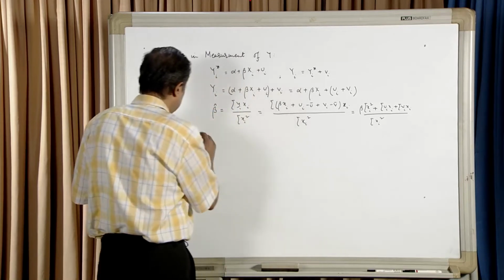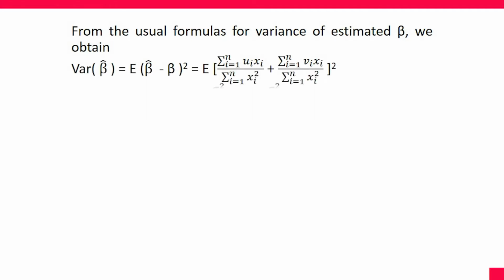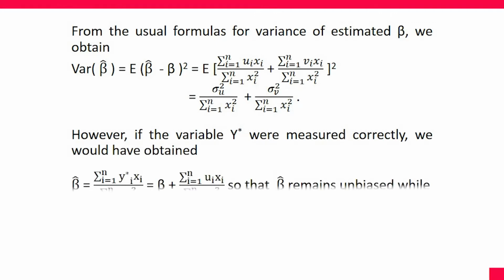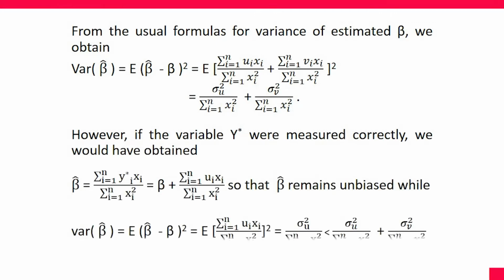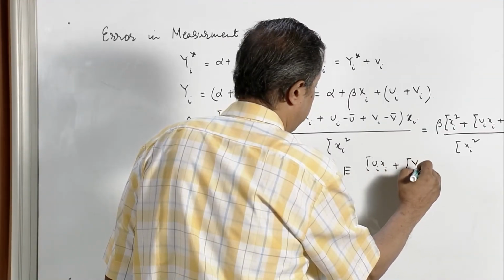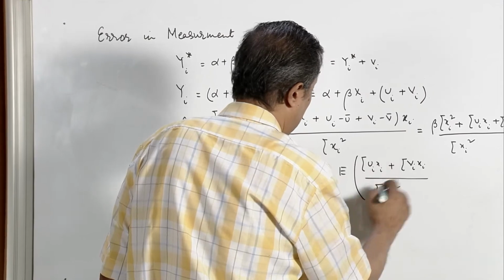So, from this model, the variance of beta hat, which is given by expectation of beta hat minus expectation of beta hat squared, is obtained as expectation of beta hat minus beta squared, which is expectation of summation ui xi plus summation vi xi divided by summation xi square, whole square.